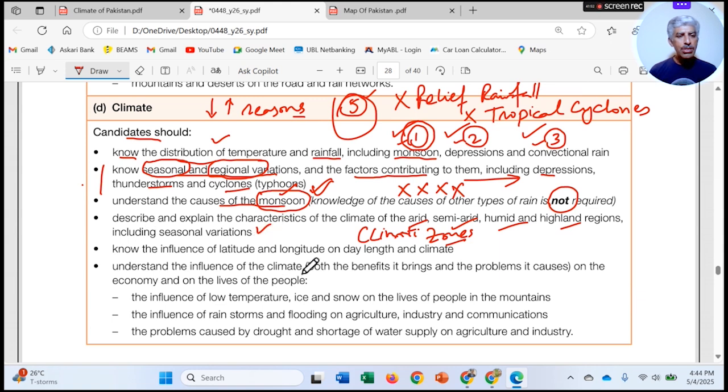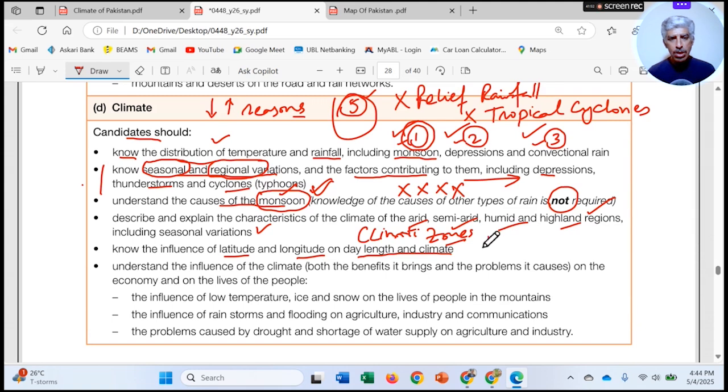This includes seasonal variations, what sort of variations come in the highland region, lowland region, humid regions and semi-arid and arid regions. Know the influence of latitude and longitude on the day length and climate.